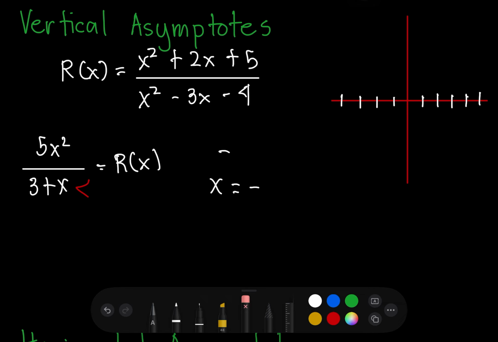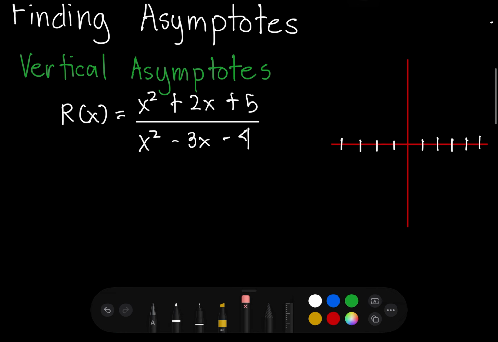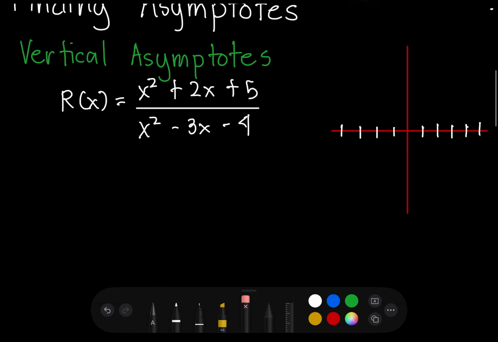Now, let's focus on this given. The r of x is equal to x squared plus 2x plus 5 divided by x squared minus 3x minus 4.